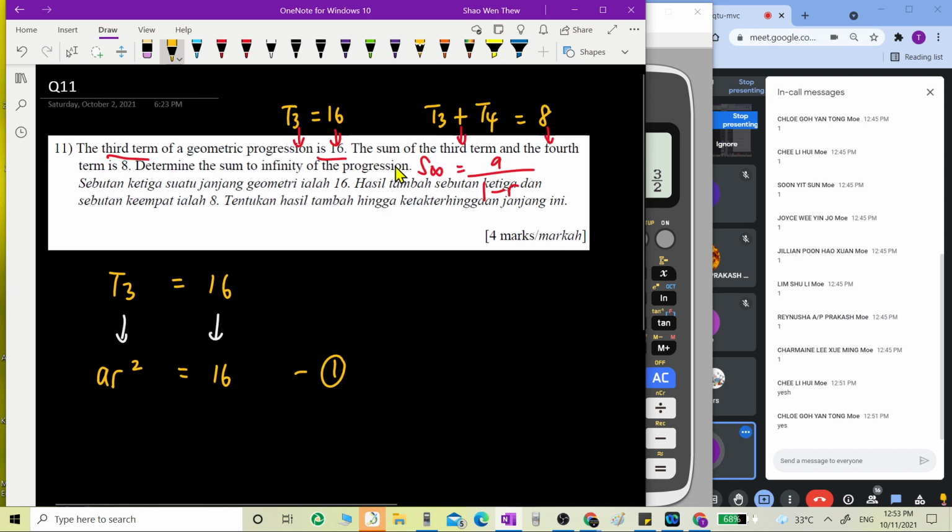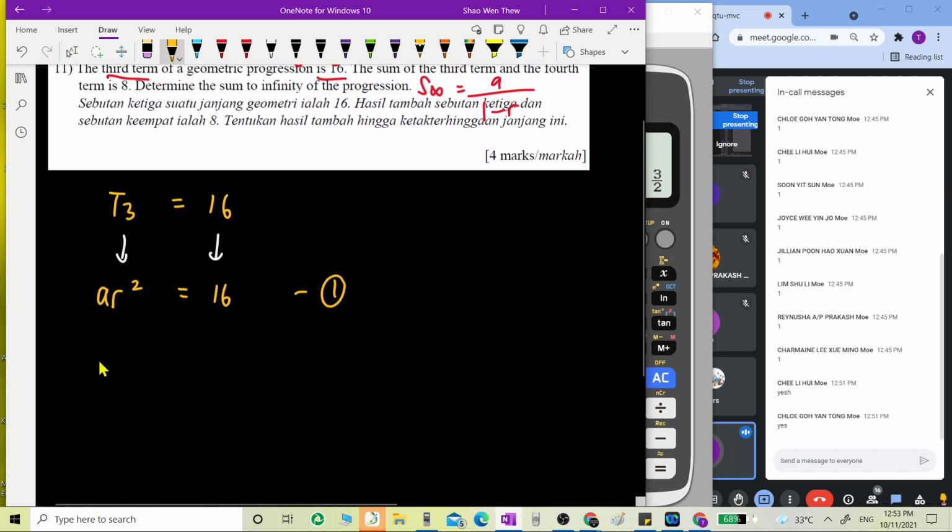Then we go on to T3 plus T4. Okay, just now still remember, you write T3 equal to 16, right? So actually you can insert the 16 into here. Okay, so I see many of you say, teacher, you do this, a waste of time, right?